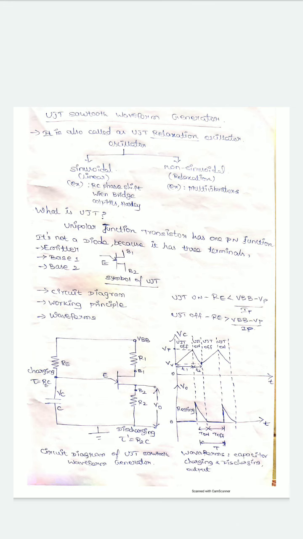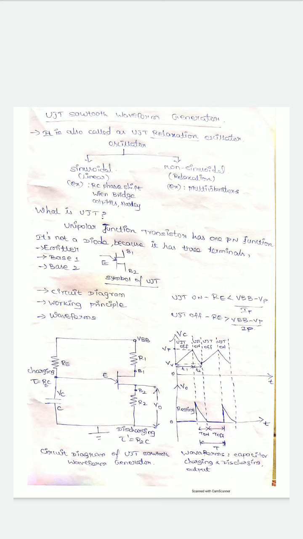During the charging cycle, the UJT transistor is in the off condition. It will not work, so there is no output. During the discharging cycle, the UJT transistor will be in the on condition and the output will be produced. This is the concept you have to remember.